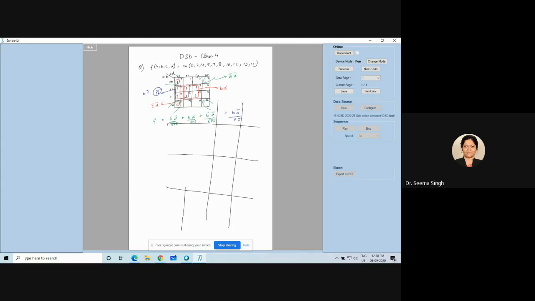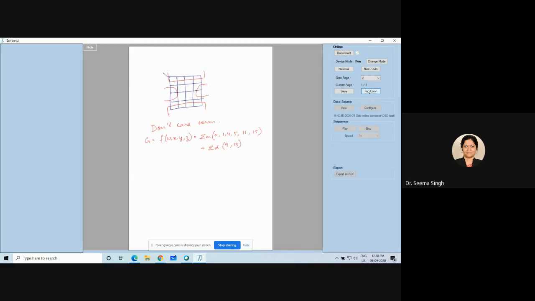And wherever don't care terms are there, you have to write an X. For example, 13 comes here, so this is an X. In the same way, 9 also is an X. So 9 comes here. Okay, like this. So make a K-map, write minterms and write don't care, and then try to group. Try to group and tell me the answer. All of you do it quickly.